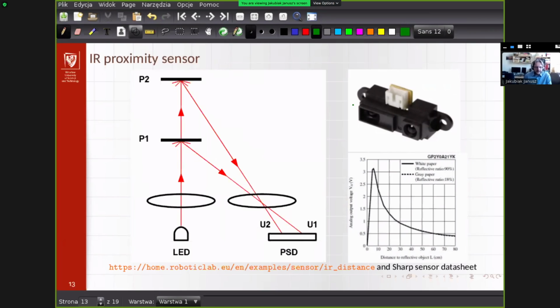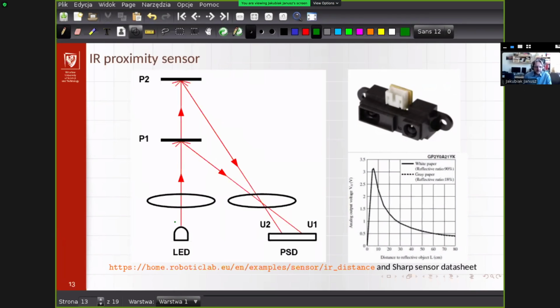You can find the applications in different types of sensors. One of the most basic ones, quite often used in, for example, robotic mini sumo competition, is the infrared proximity sensor, more or less the one that you can see here by Sharp.